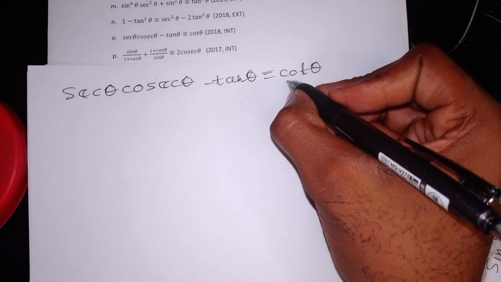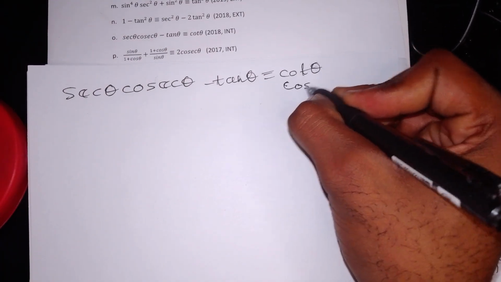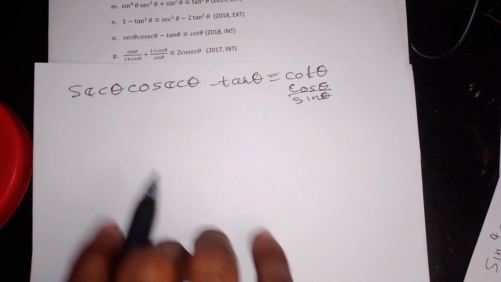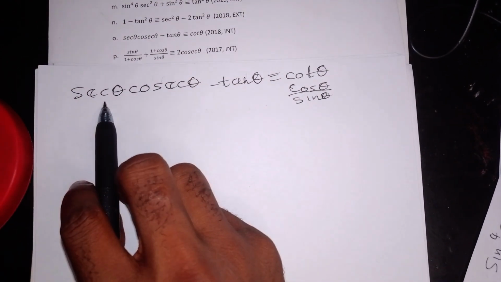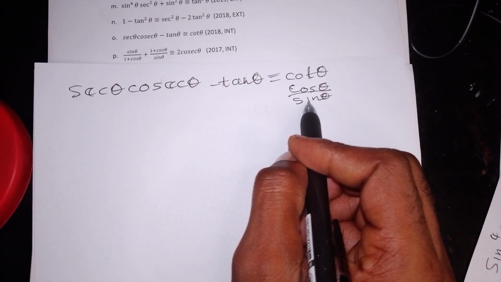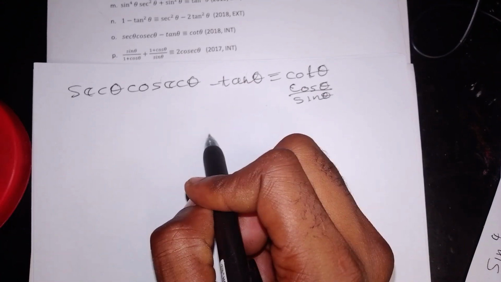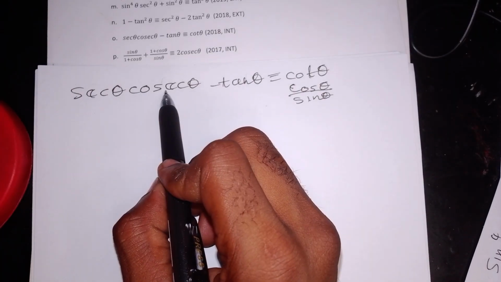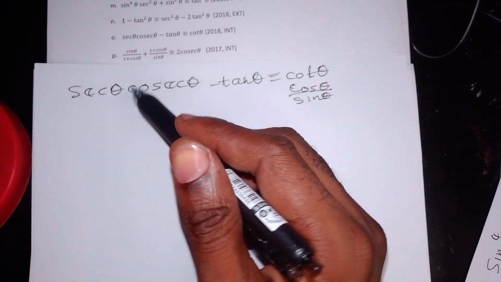So cot theta is cos theta over sine theta. Since you want sine in the denominator and cosine in the numerator, and you don't need the tan, the sec, or the cosec, you want to change these to sine and cosine.